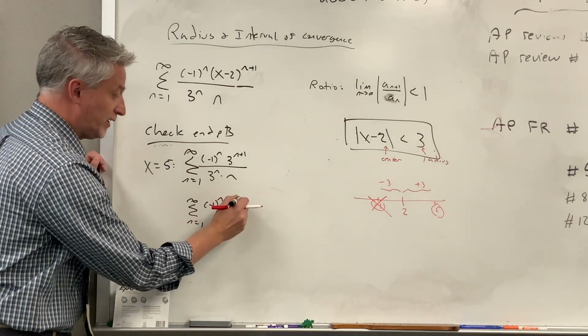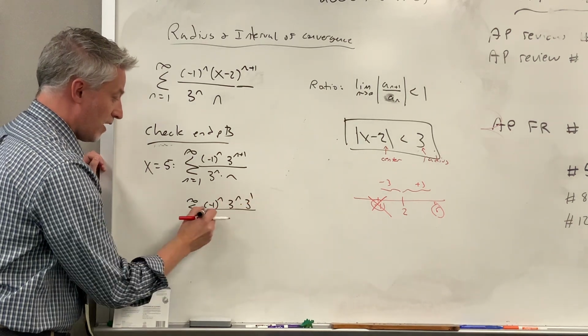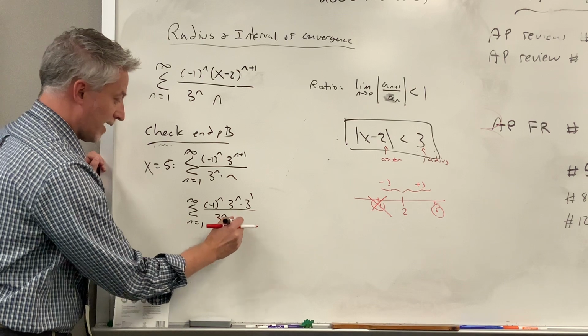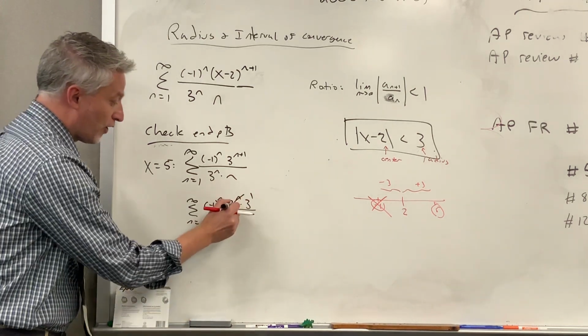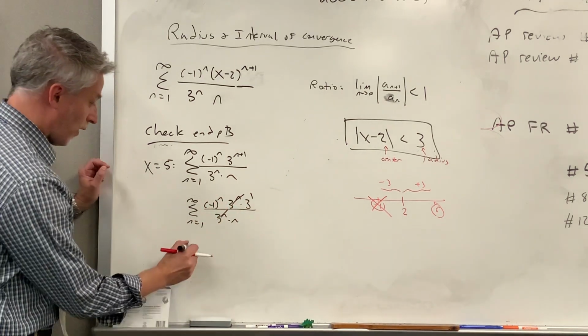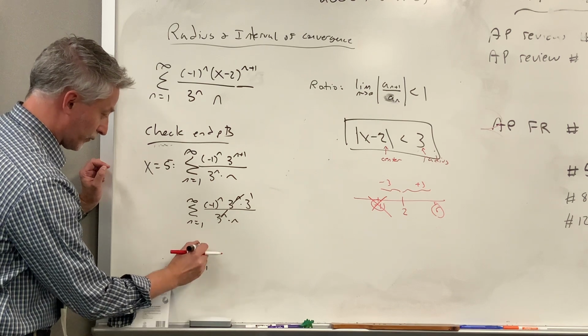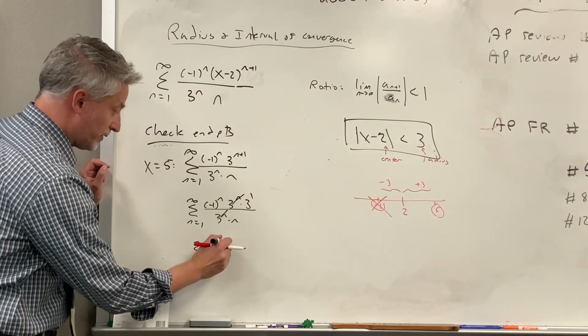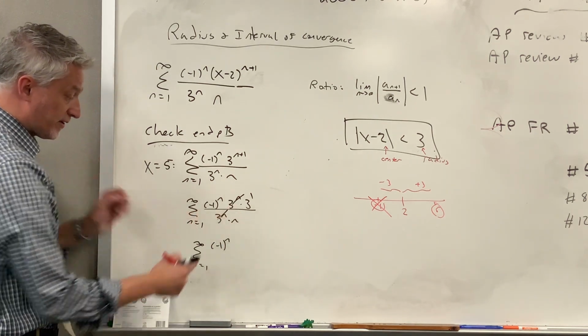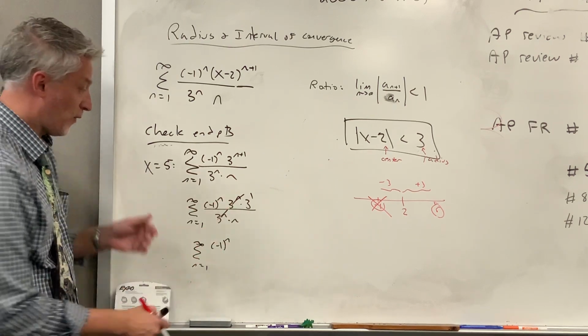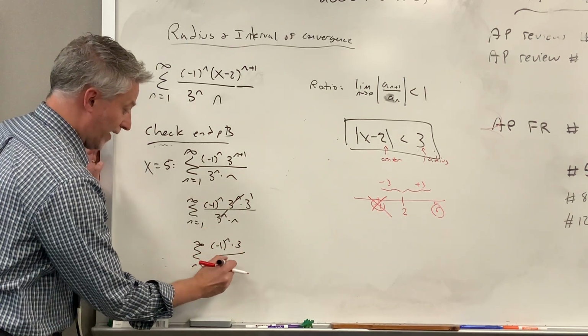This becomes 3 to the n times 3 to the first over 3 to the n times n. And those cancel again. And what we're left with is the following. n equals 1 to infinity, -1 to the n. Notice there's no more negatives like there were before, and I get 3 over n.